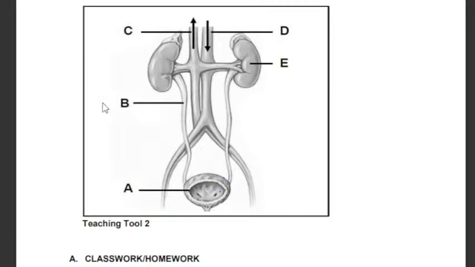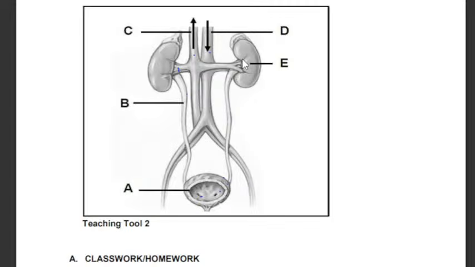And then number 2, it comes from here and goes down to the bladder. Therefore it is the ureter. We talked about it. And then this one is taking blood away, so it is the inferior vena cava, while this one is the aorta, and then this one is the kidney.